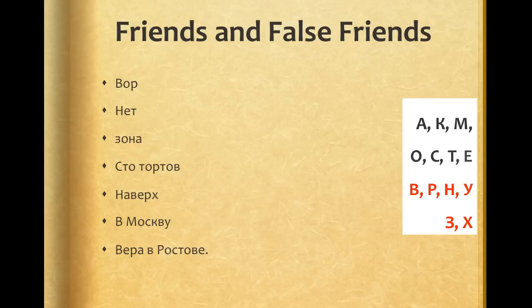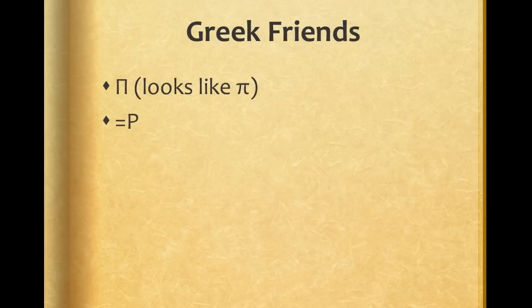Vera is in Rostov. And then this is one of the first phrases you'll learn in Russian. See if you can read it. Как вас зовут? Меня зовут Жанна. Good.